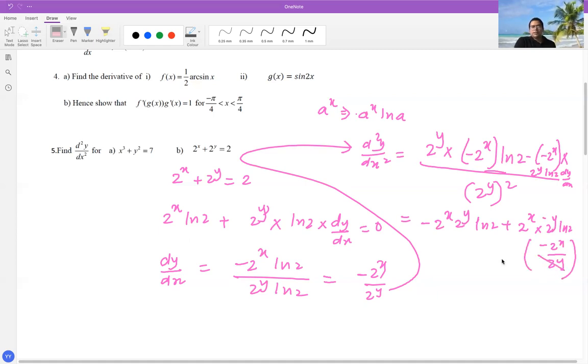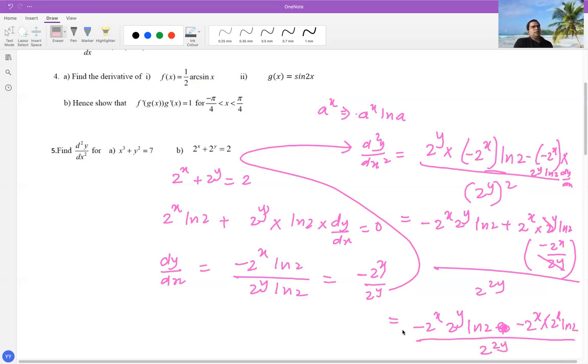So this cancels with this, and over 2 to the power 2y. So what you get is -2 to the power x, 2 to the power y ln 2, and plus, it will become minus again. So it will become 2 to the power x into 2 to the power x ln 2 upon 2 to the power 2y. So that's the derivative of this part.